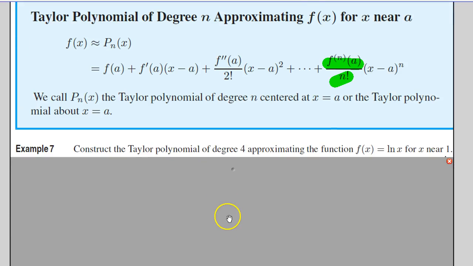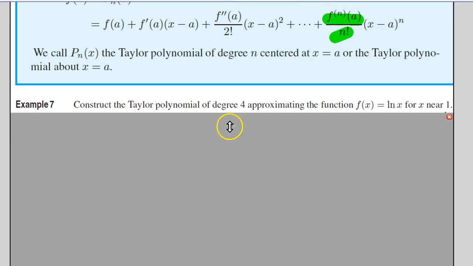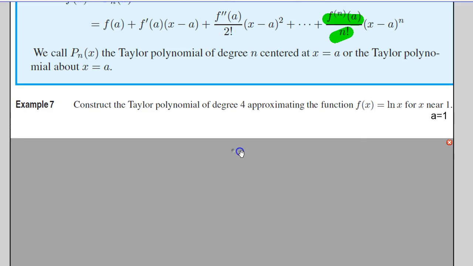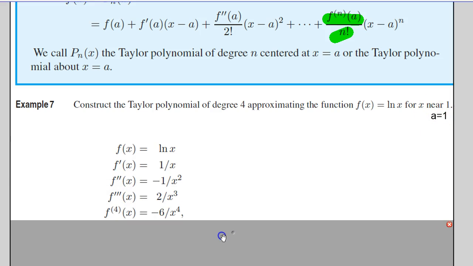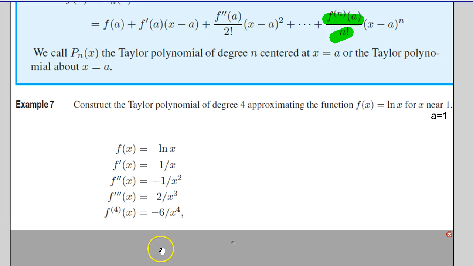And we can do that for values where a equals 0 doesn't make sense. For example, natural log at 0 does not exist, but natural log of 1 does exist. So in this case, a is 1. And if you recall, since we're talking about a degree 4 polynomial, we need the first 4 derivatives of natural log of x.